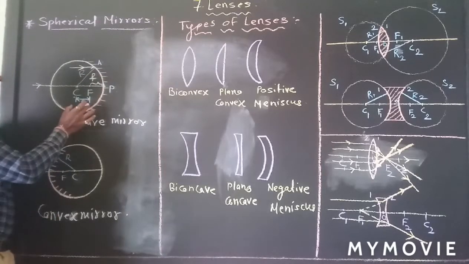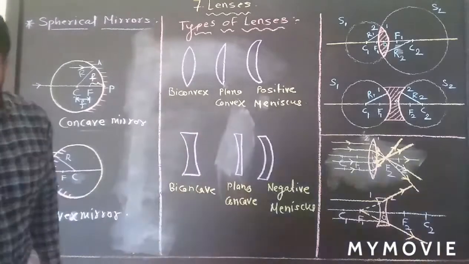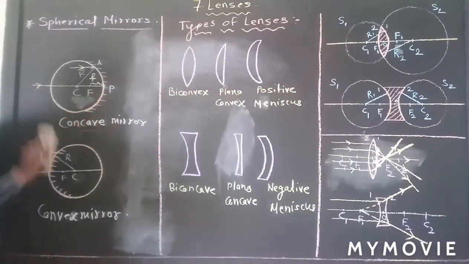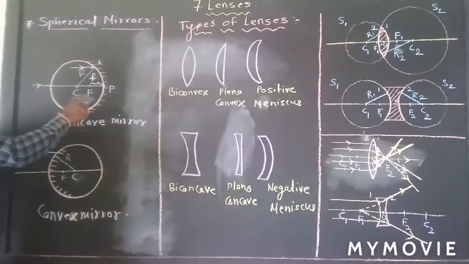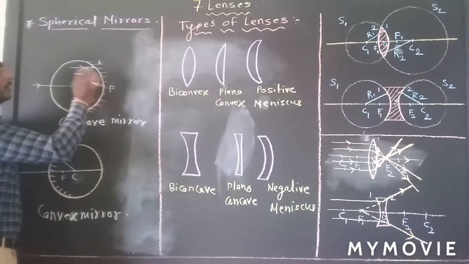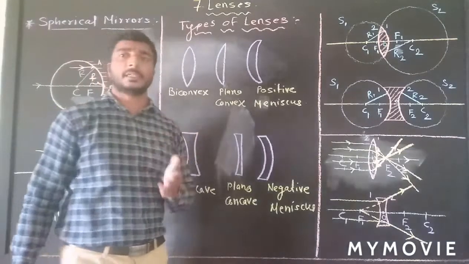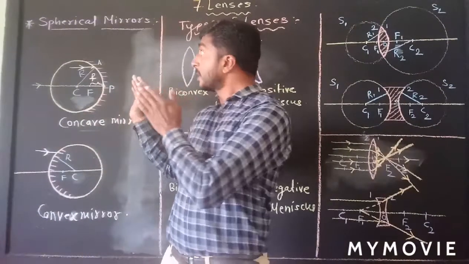The distance between the principal focus and the pole is called the focal length. The same terminologies are related to convex mirrors. This is what we learned in lower classes about spherical mirrors.